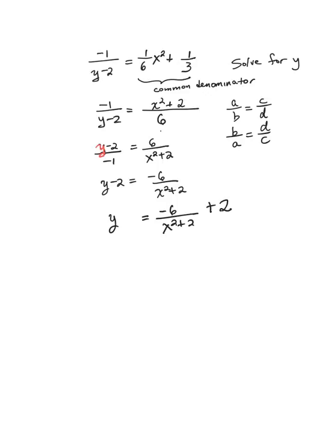So our answer is y equals negative 6 over x squared plus 2, plus 2. Or on the AP answer key, they have it this way. Either one is fine. And we didn't have two solutions. And this is true for all x. X could be any element in the set of real numbers.